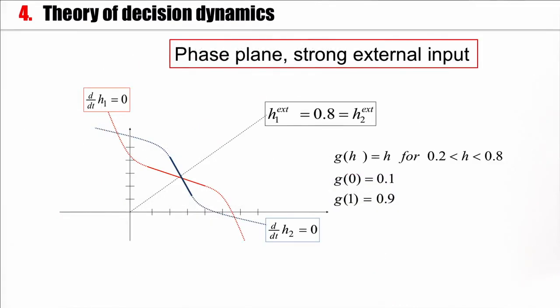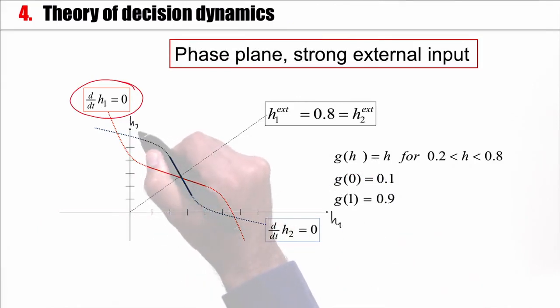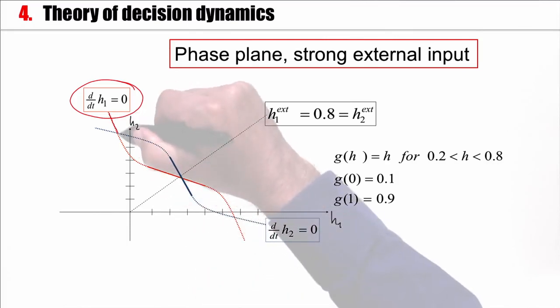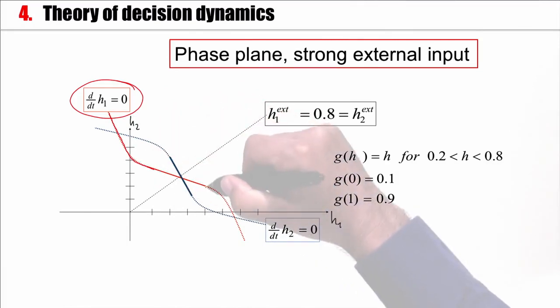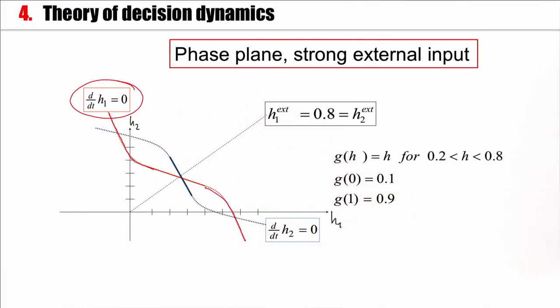And this way, you can construct the position of all the points that have ddt h1 equals 0. So this is the axis h1, this is the axis h2, and all the points that have ddt h1 equals 0 lie on this line here.